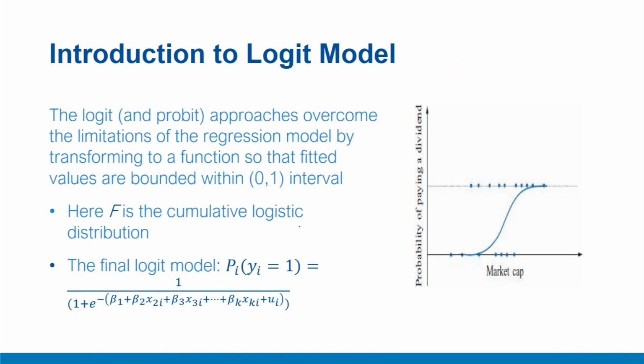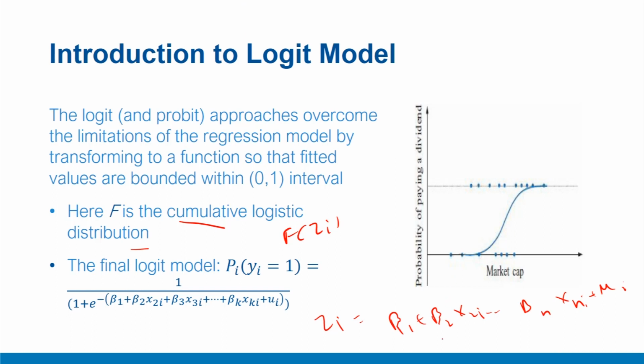Here, this function f(zi) is nothing but a cumulative logistic distribution, where zi is equal to beta 1 plus beta 2 times x2i and so on up till beta n times xni plus the error term. This is a familiar expression to us.